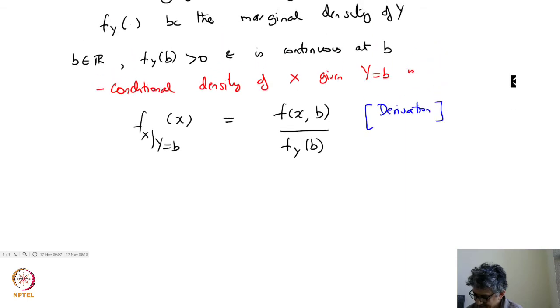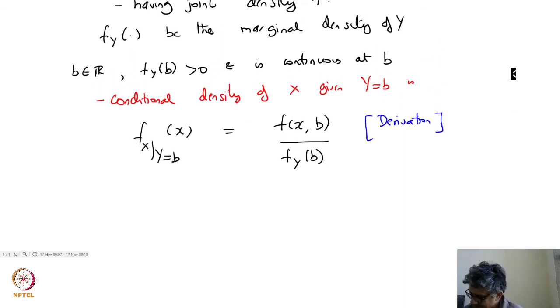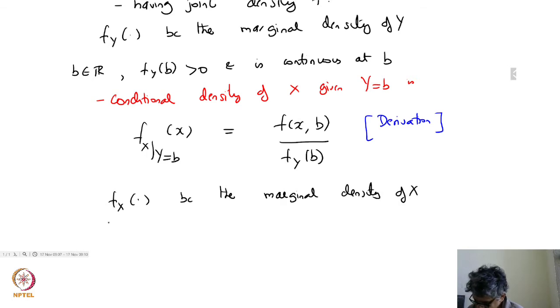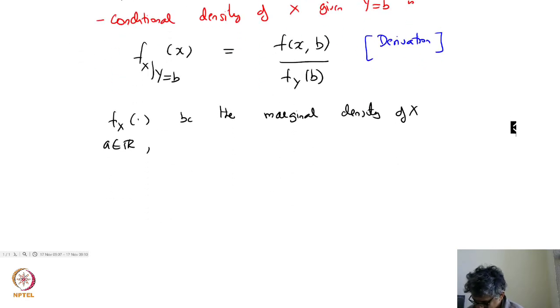So then the same flips over if you have the reverse. If you have, let's say, f sub x be the marginal density of x, and let's say you have a in R, for which f sub x of a is positive, and f is continuous at a.